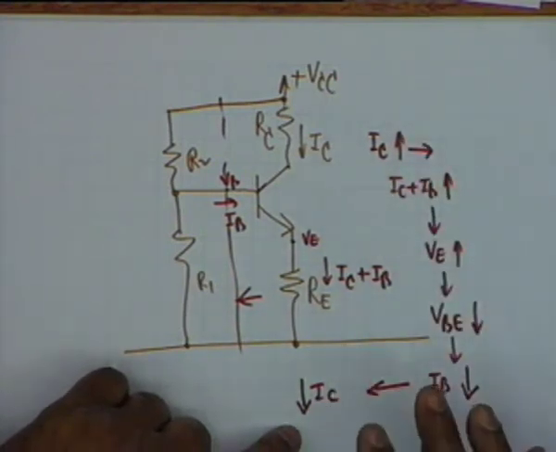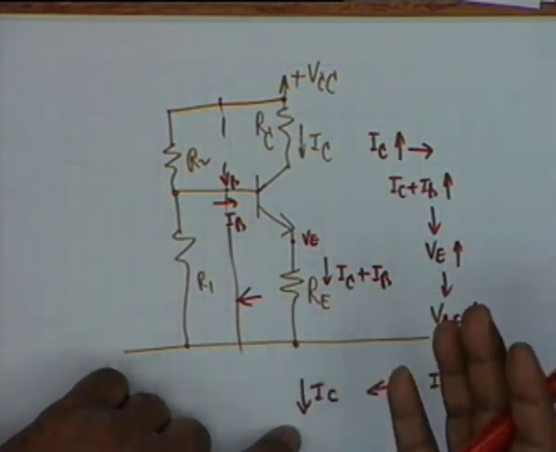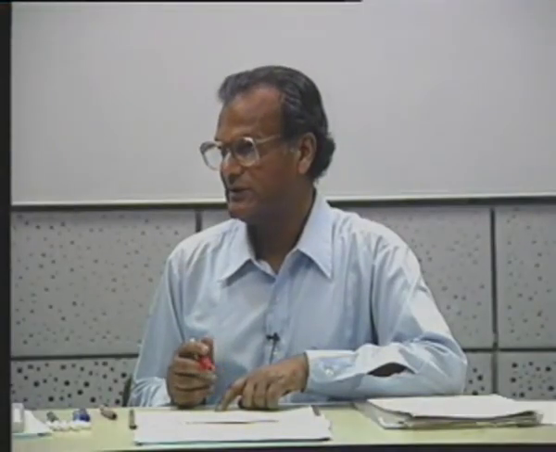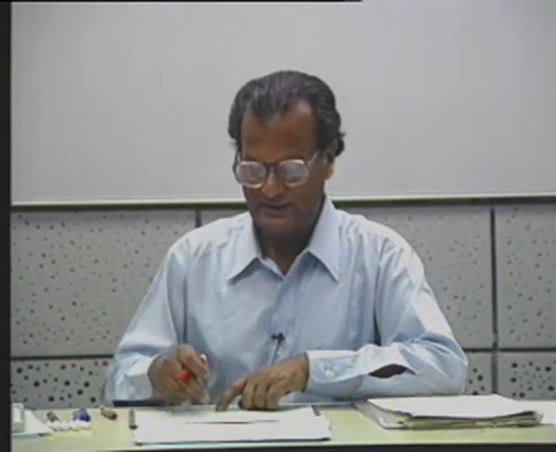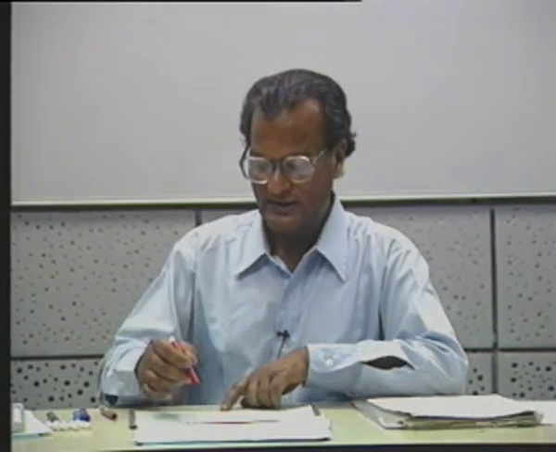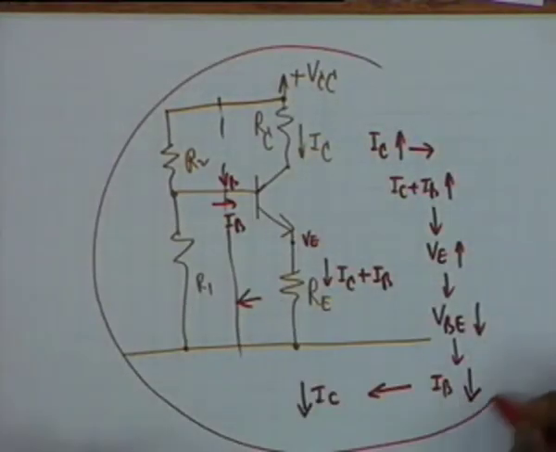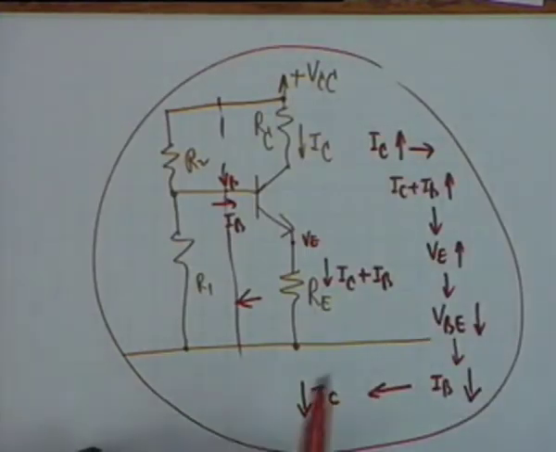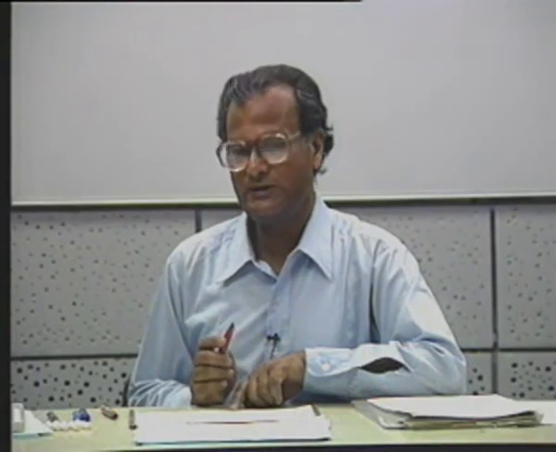In other words, there is a feedback mechanism which tends to keep I sub C stable, and in such a connection the transistor can never burn down. Thermal runaway is arrested, and this is one of the most popular biasing circuits. Next time we shall make a thorough analysis of this and see the stability of the biasing.